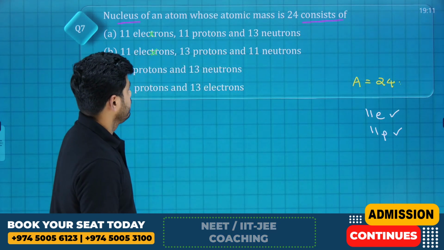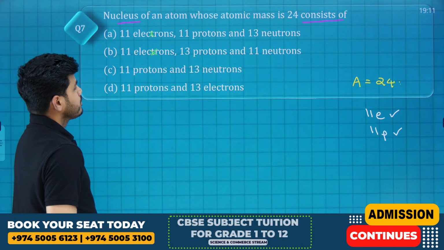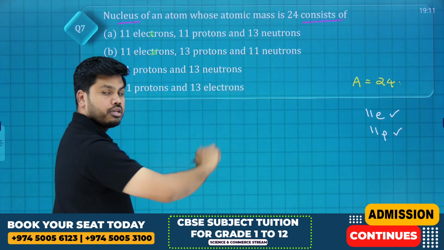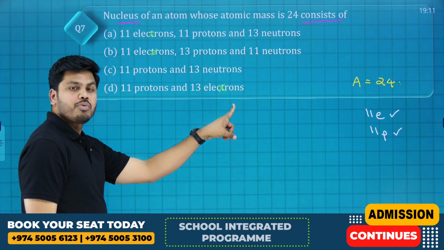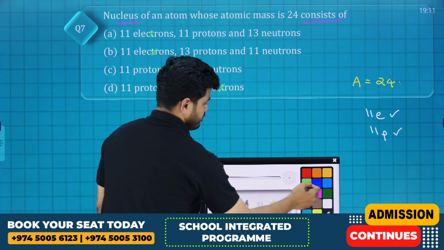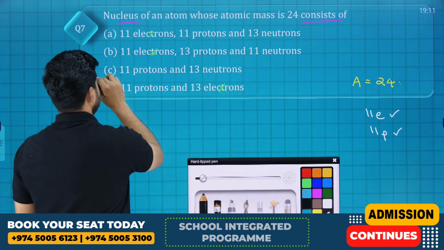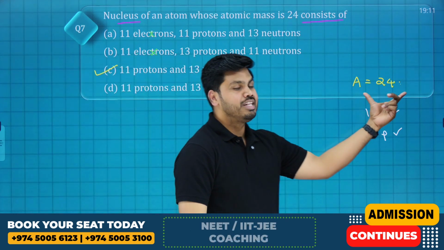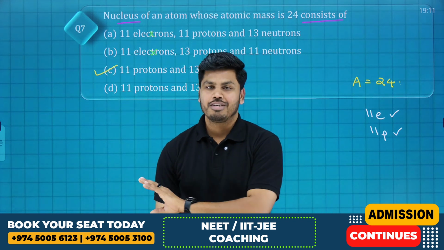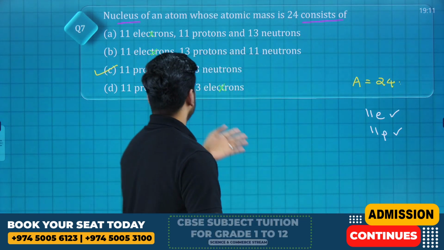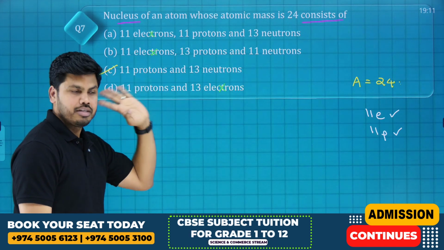There are no electrons inside. So now check C and D. 11 protons and 13 neutrons. See, that is the only possible option because there is an electron in the last option also. So option C is the right answer. So even if you don't know how many numbers are present, it doesn't matter. If you know that in the nucleus there are no electrons possible, then you can go for the correct option, right? Option C.